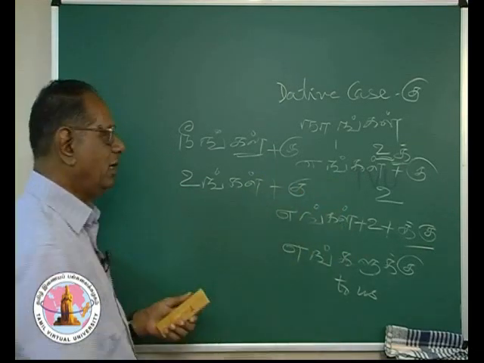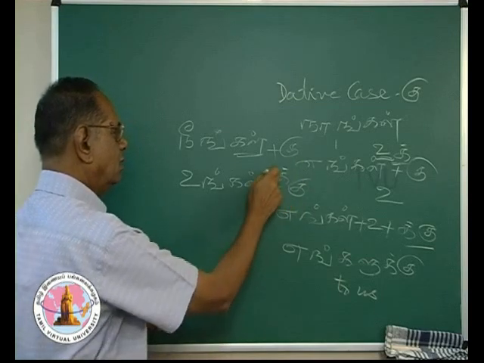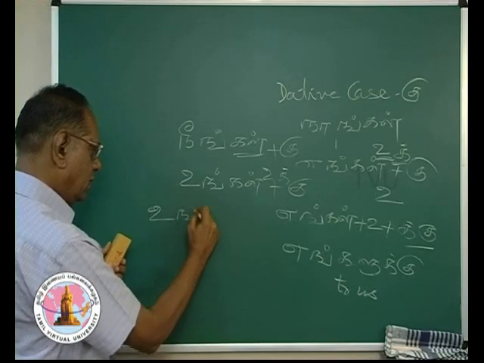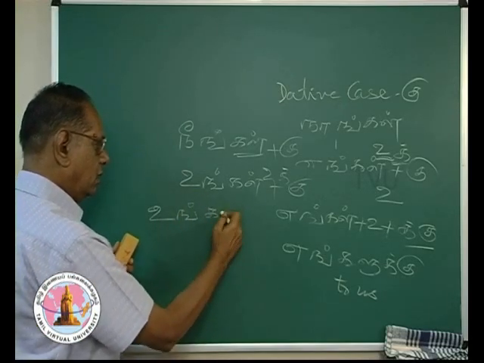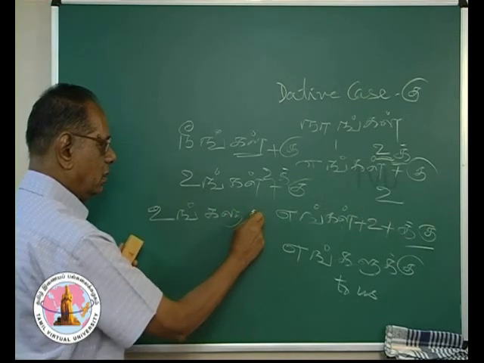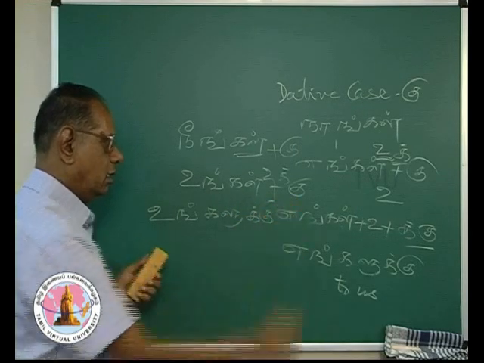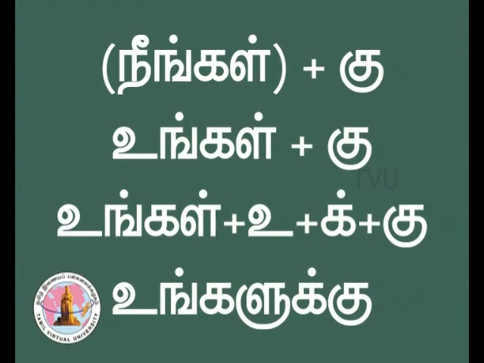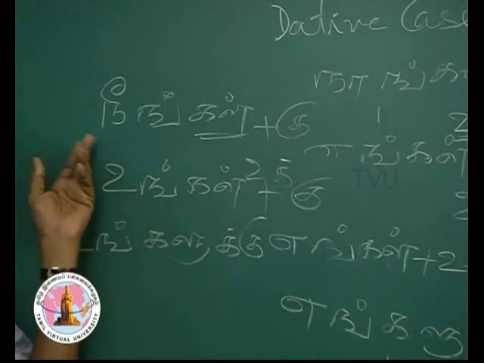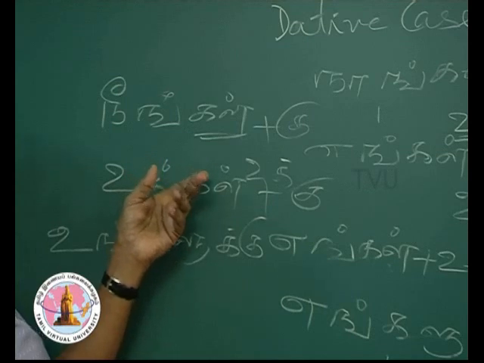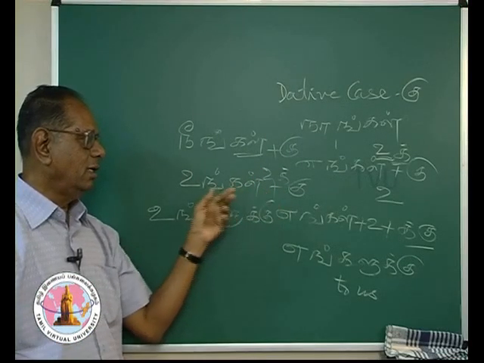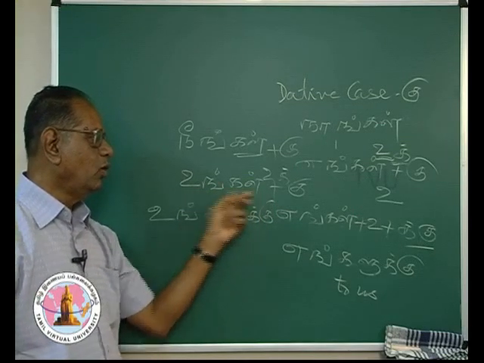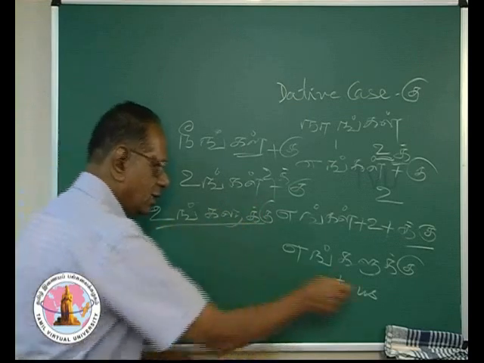The same process is being repeated. This is doubled and u is added. This becomes ungalukku. Second person plural neengal while taking up the case marker becomes ungal and accepts it. So, ungal plus u plus ku, ungalukku, like yangalukku.